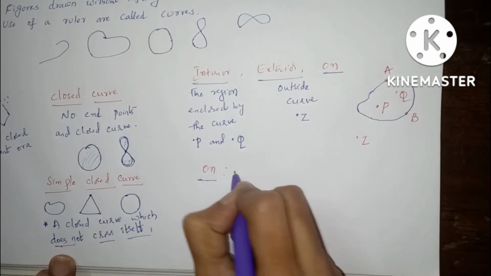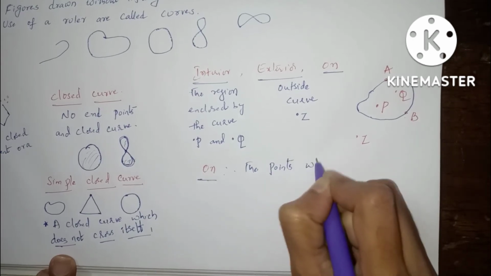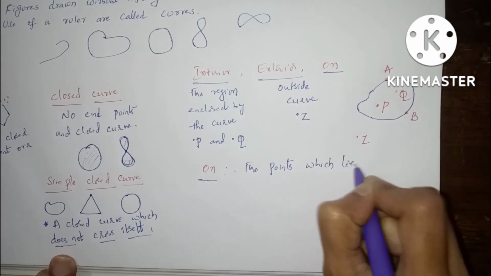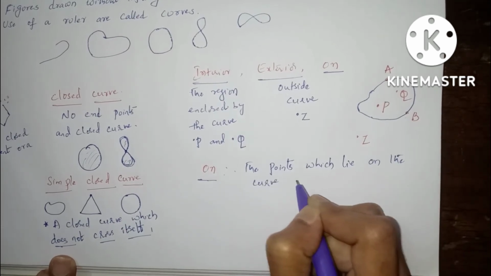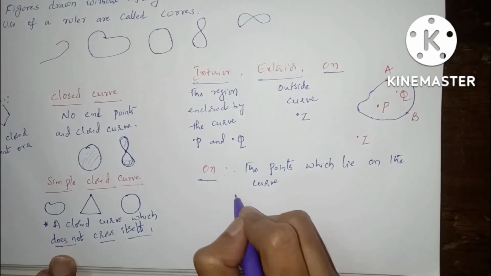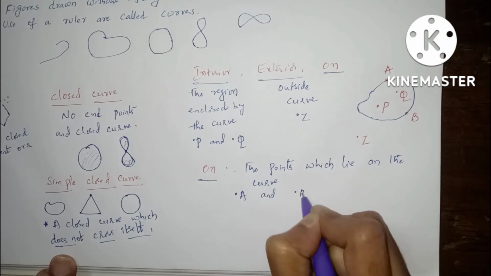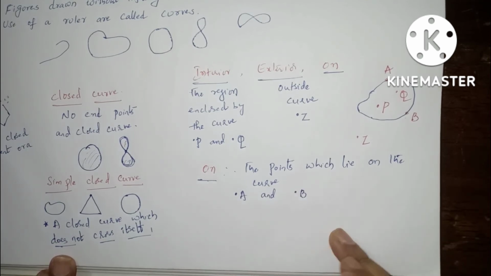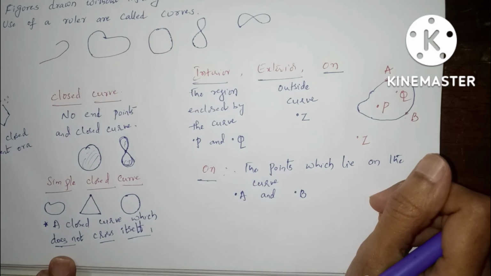So the points which lie on the curve are called points on the curve. Point A and point B are the points which are lying on the curve. We can expect this type of question in your exam.